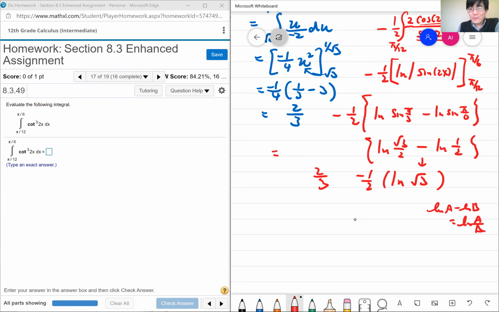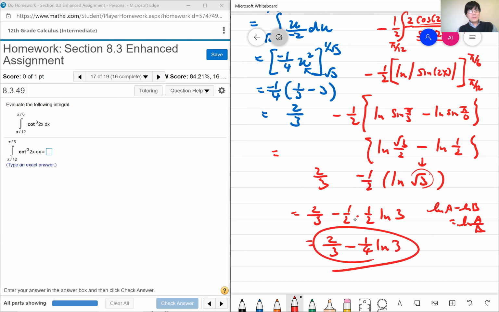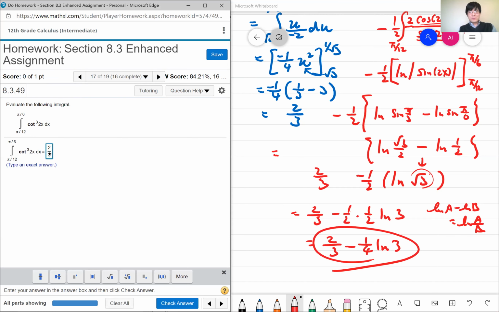Also, this is power of 1/2, so I can put it outside of ln, so I can simplify it to something like this. Okay. So it's 2/3 minus 1/4 and then OC.